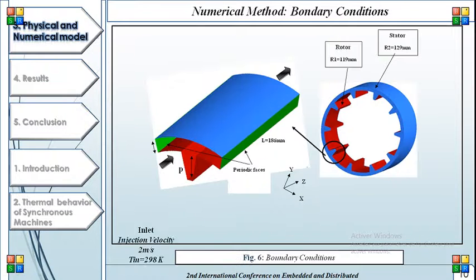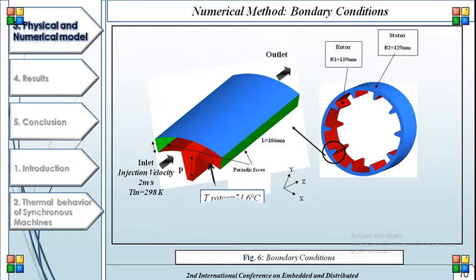So to solve the equations, it's necessary to determine the boundary conditions. So figure 6 shows the boundary condition imposed on the fluid domain. At the inlet, a uniform axial velocity has been imposed with an ambient temperature of air, while the radial velocity and tangential velocity equal 0, and a zero pressure gradient was taken at the exit channel.